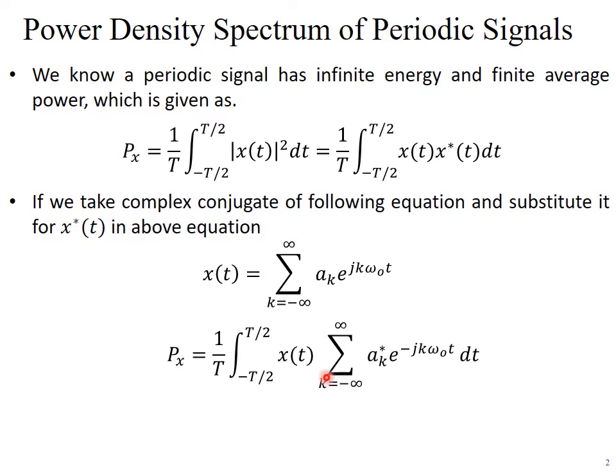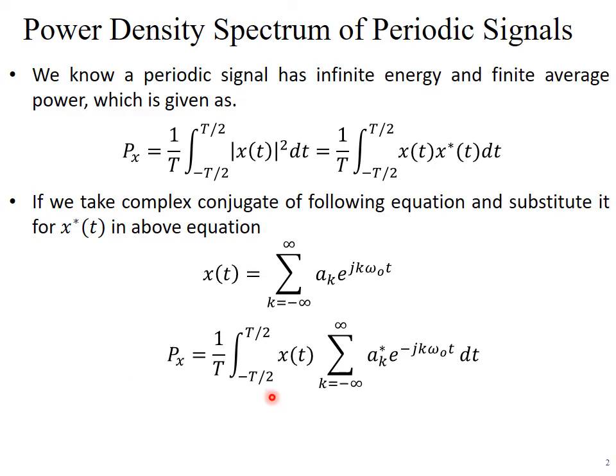The complex conjugate would have e power minus j k omega naught t, and a k becomes a asterisk of k, where the asterisk represents the conjugate. After substituting the value you will get this equation.